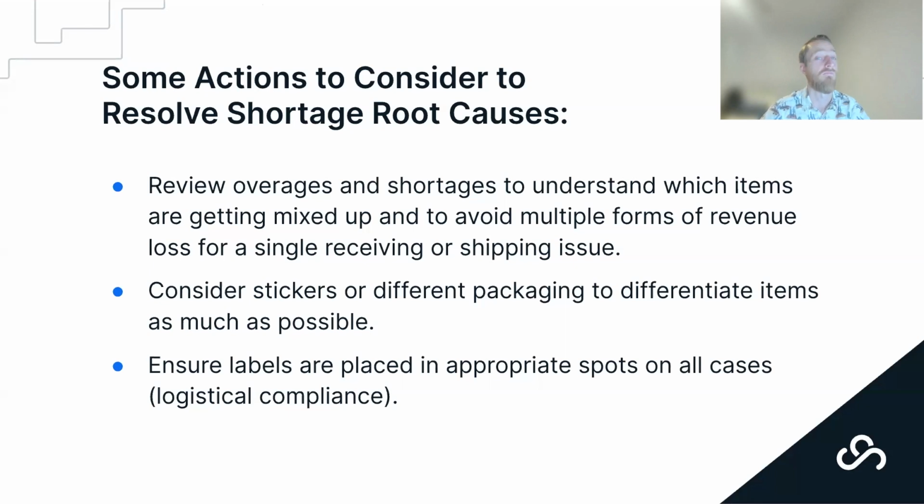Some suppliers that we've worked with have used animal stickers or different color stickers on each item, or the good practice of keeping slip sheets between items and different layers, to make it very easy to distinguish between items, and make it clear and easy to unload and identify cases.